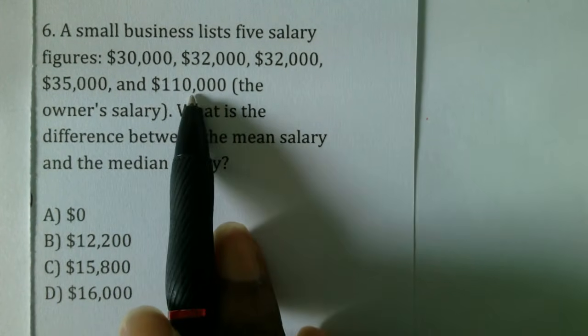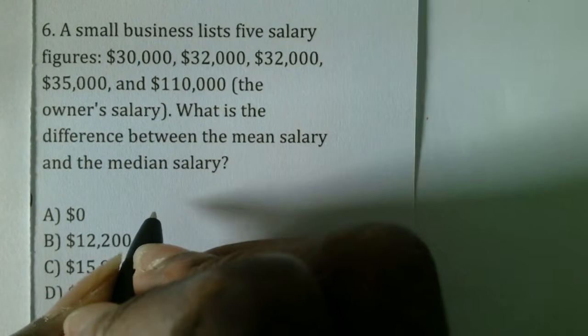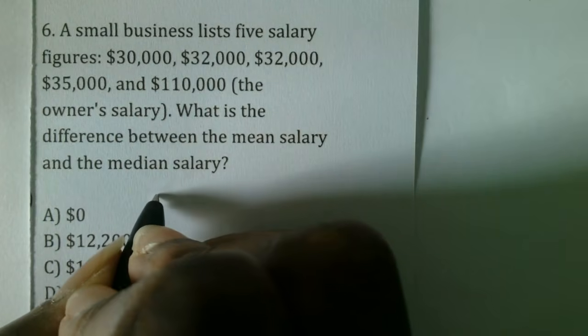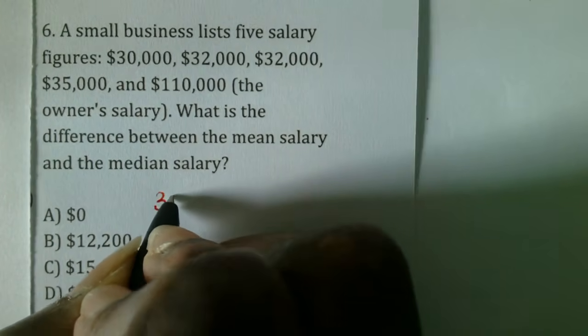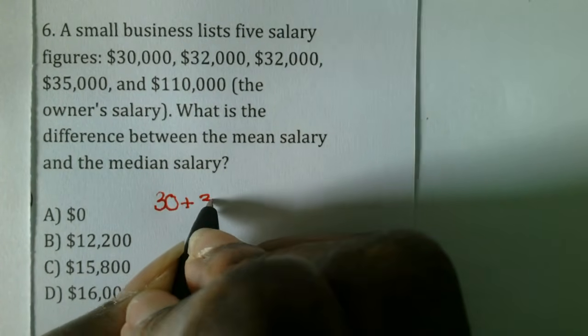Just hold off on the zeros. If you're taking a test, especially the ASVAB or the Accuplacer, you are not given a calculator. So a lot of this stuff you're going to have to do by hand.